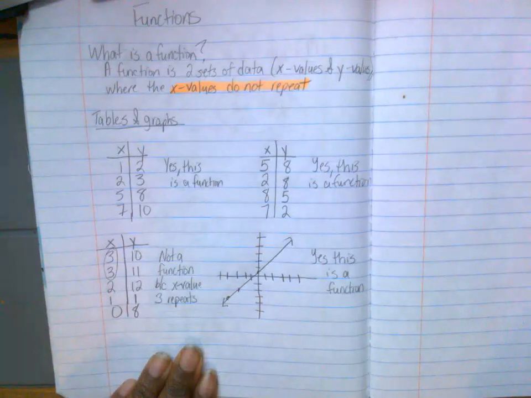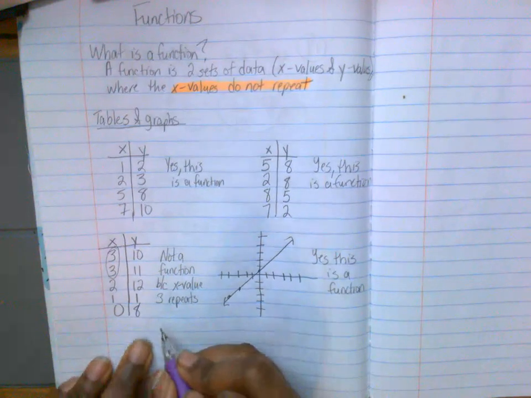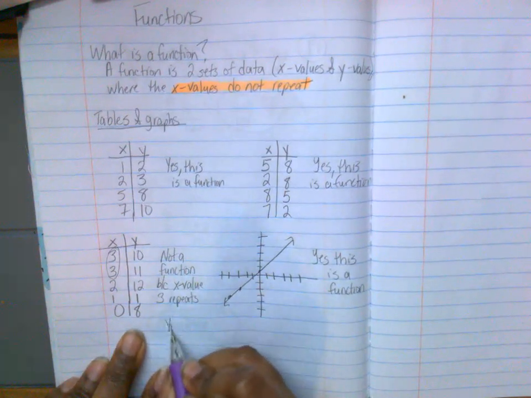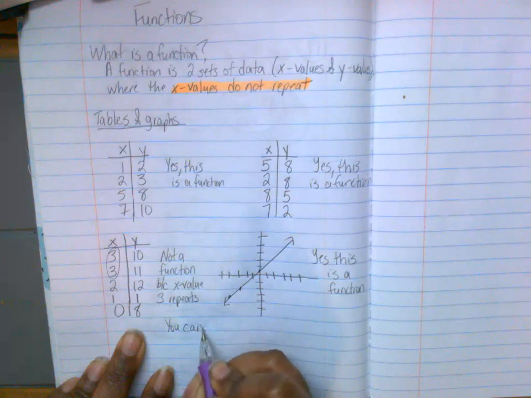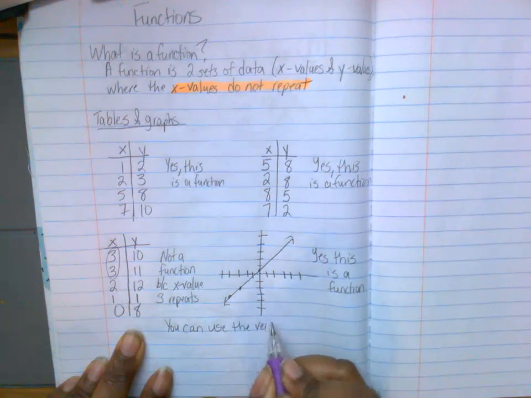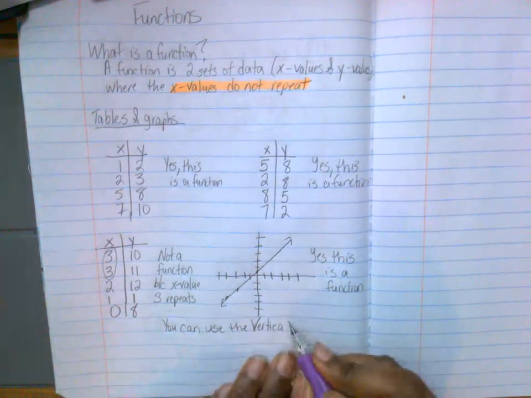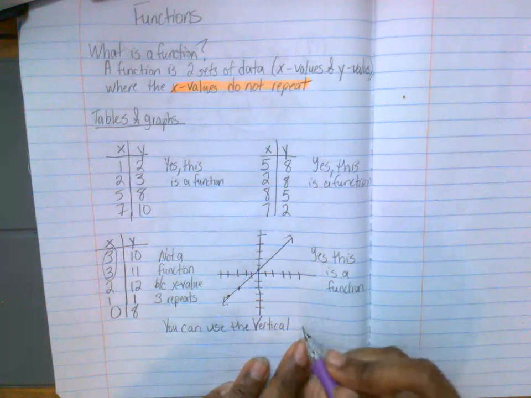Another way to tell if this is a function is to do what you call the vertical line test. And I should capitalize vertical line test because that's the name of a test.